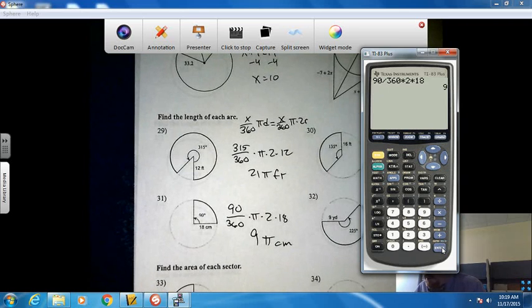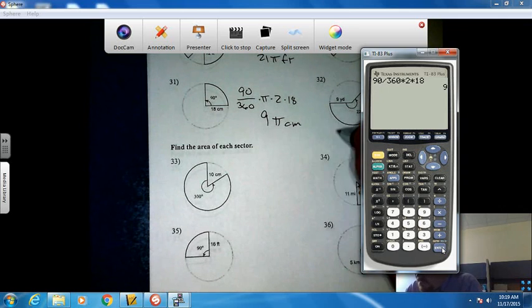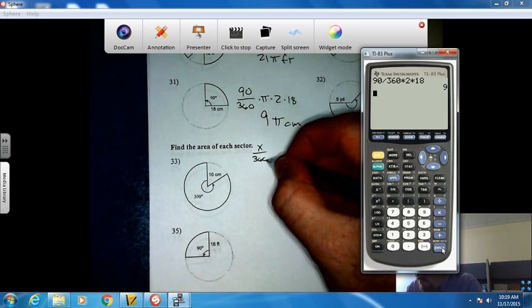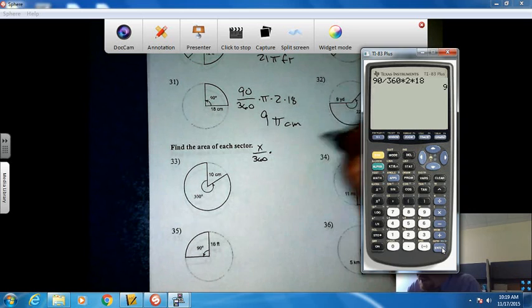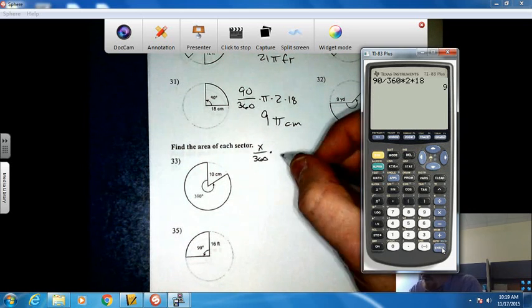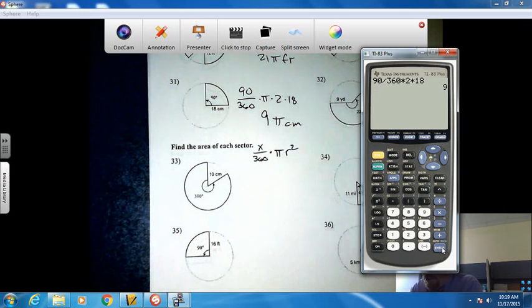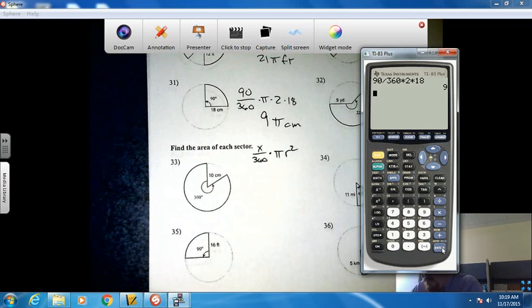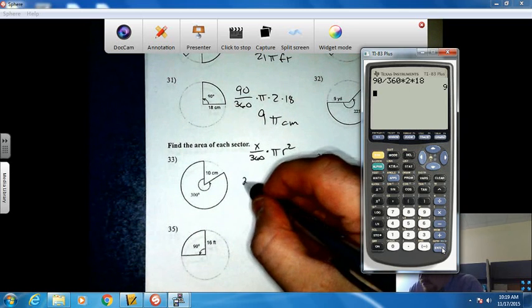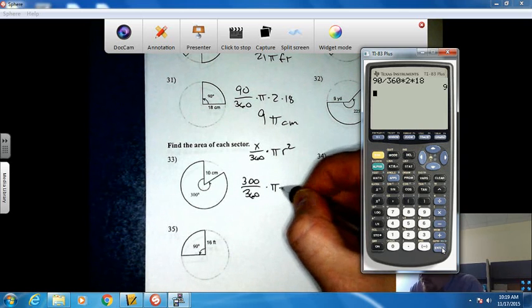Okay, these are area down here. So x over 360 times area, apple pie, area, pi r squared. There's my formula. Okay, so 300 over 360 times pi times the radius squared.